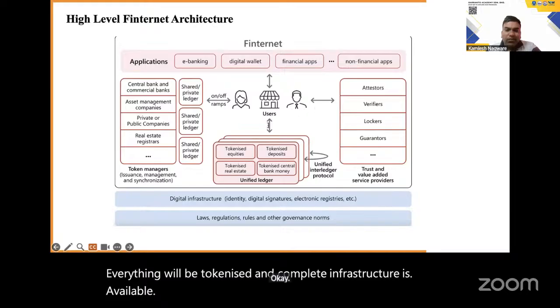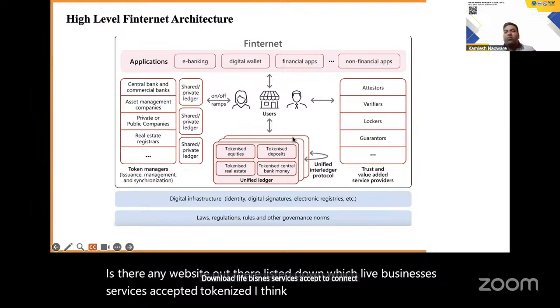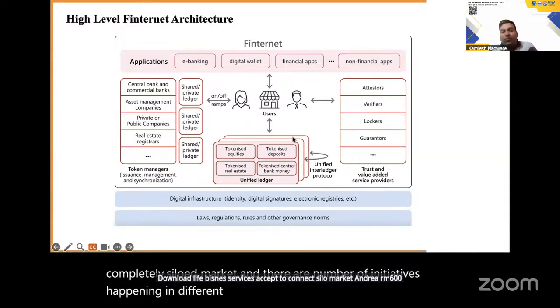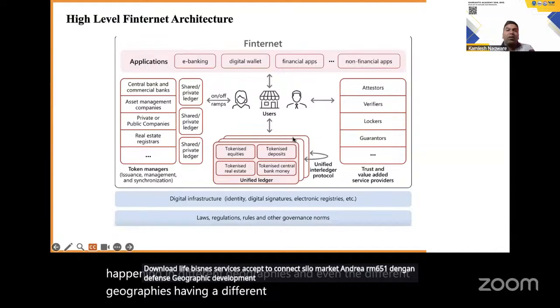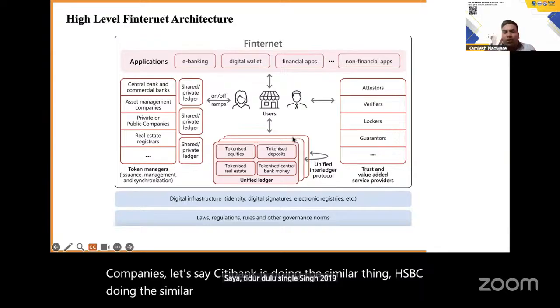Is there any website listing which businesses or services accept tokenized assets? I think there is nothing, because it's a completely siloed market, and a number of initiatives are happening in different geographies, with different companies. Citibank is doing a similar thing, HSBC is doing a similar thing, JPM is doing a similar thing.